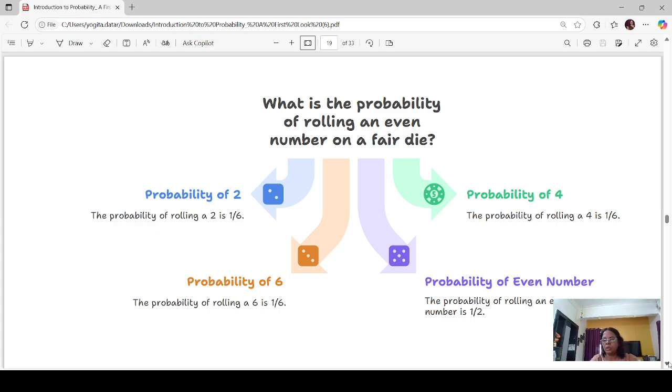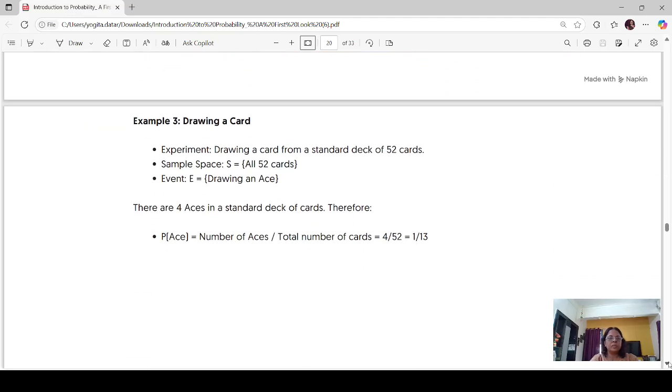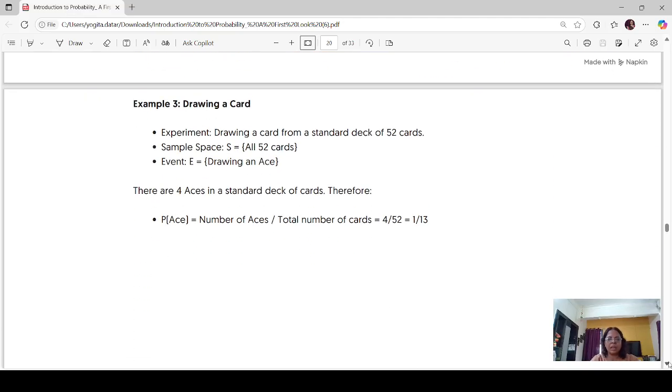The third example is obviously drawing a card. We know that a deck of cards has 52 cards. So drawing a card from a standard deck is the experiment. The sample space: we are going to draw a single card, so it will be 52C1. Using the combination formula, we get n of S equal to 52, and we are interested in drawing an ace.